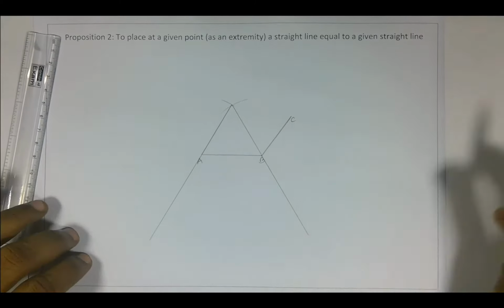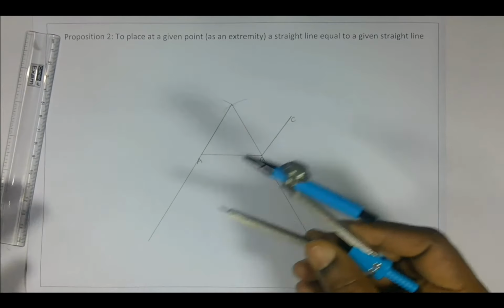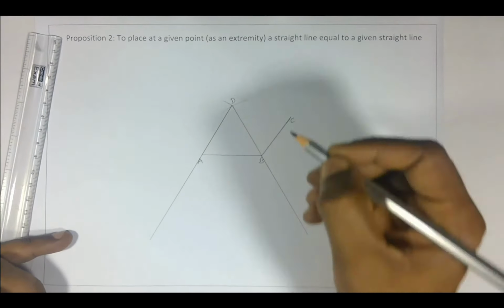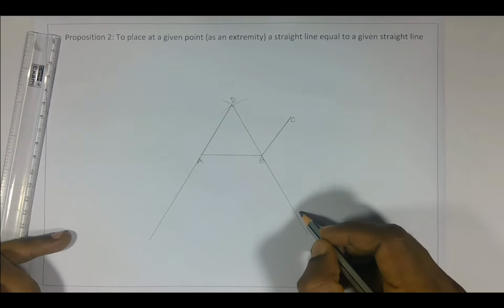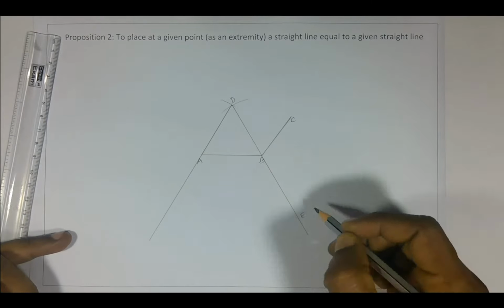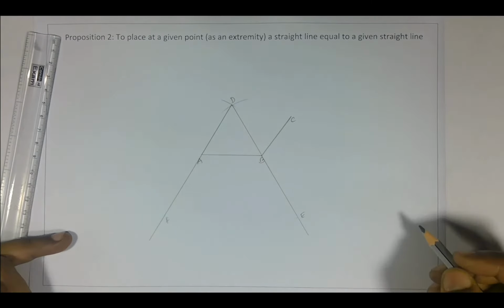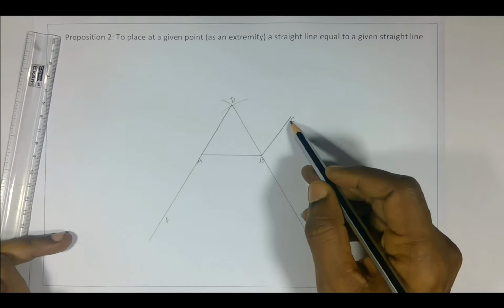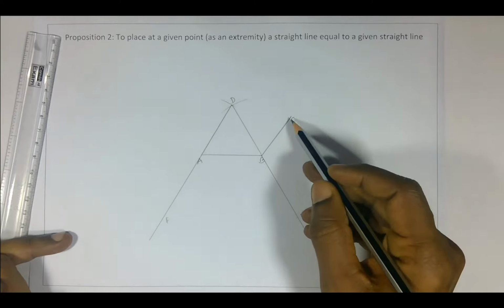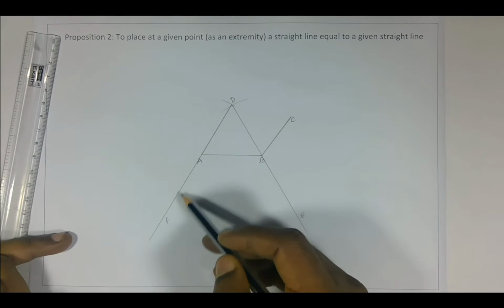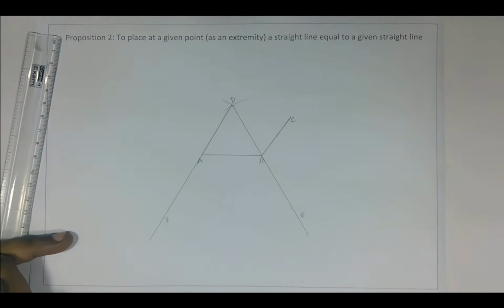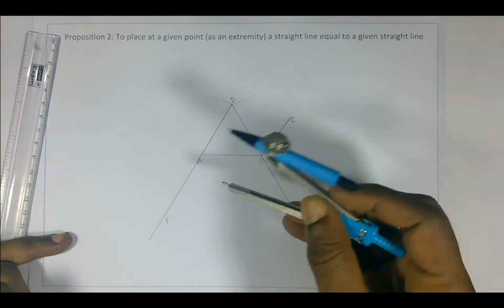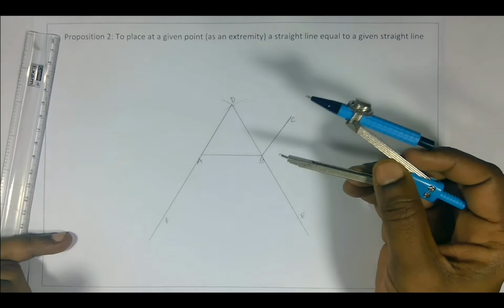Now that we have extended this line, let us say this is ABCD, and let's say this is E and F. So now we have to mark this length on top of this AF. We can't just measure it here and cut it off here.